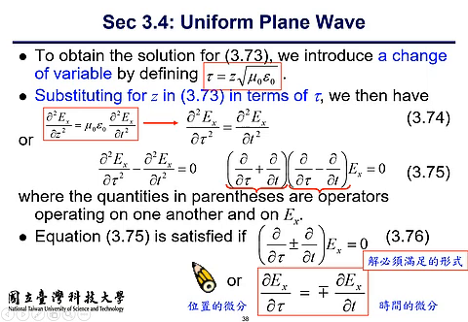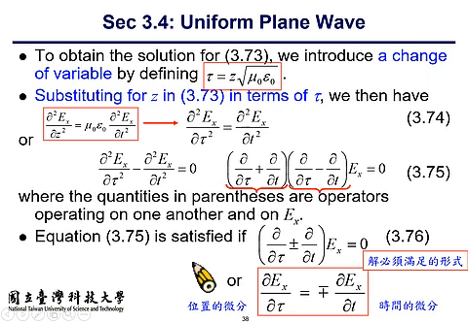What is the solution? (x minus y) times (x plus y) equals 0, right? So both conditions shall satisfy the solution of this second order differential equation.